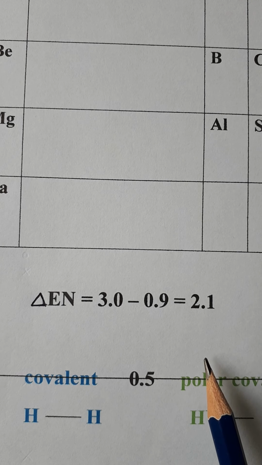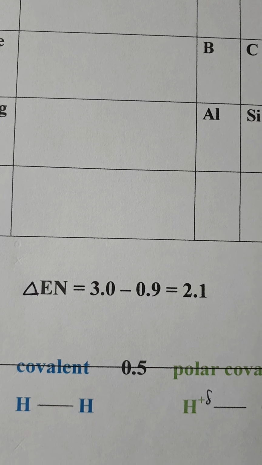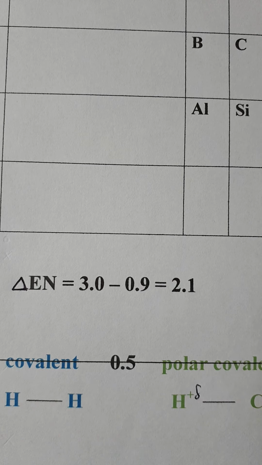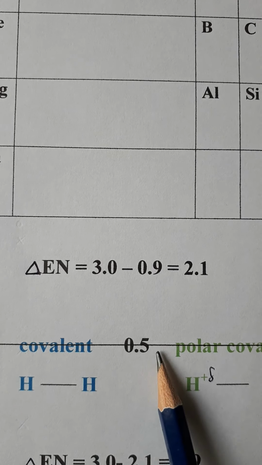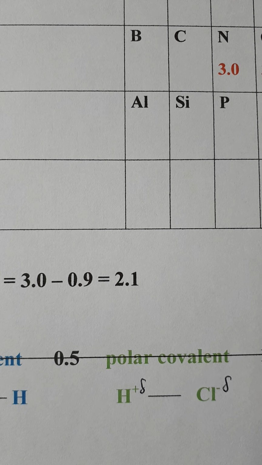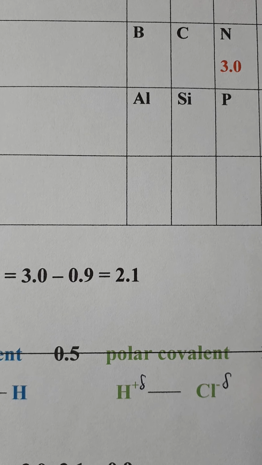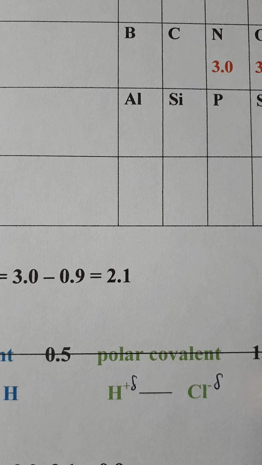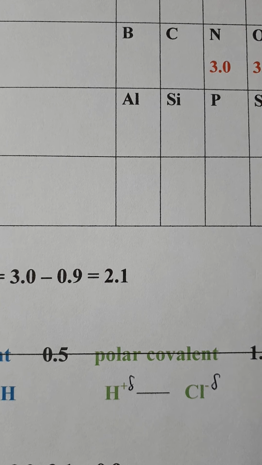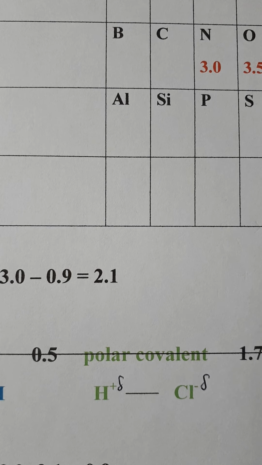And this diagram shows you 0, 0.5, 1.7. If the electronegativity difference is more than roughly 1.7, it's going to become an ionic compound.